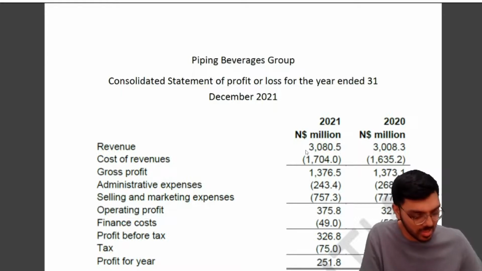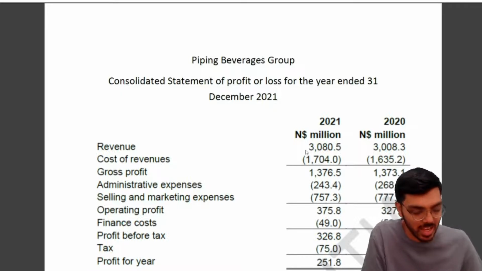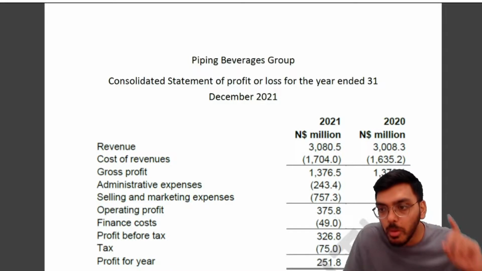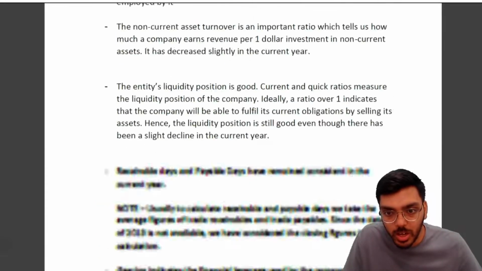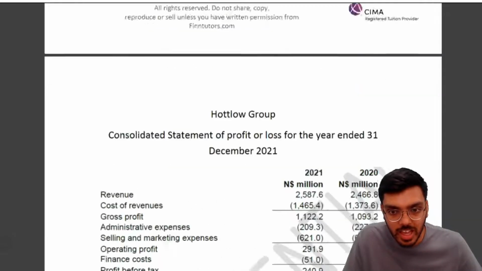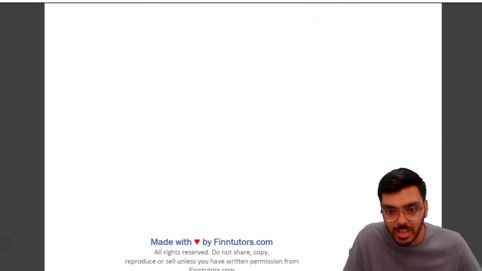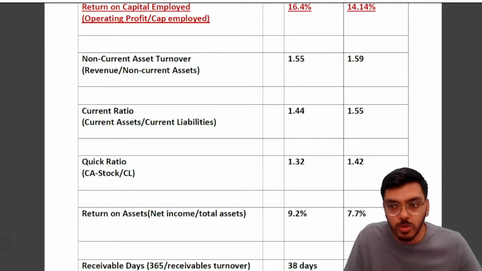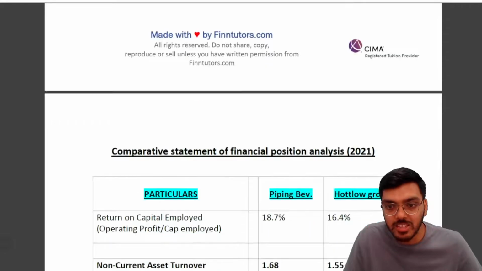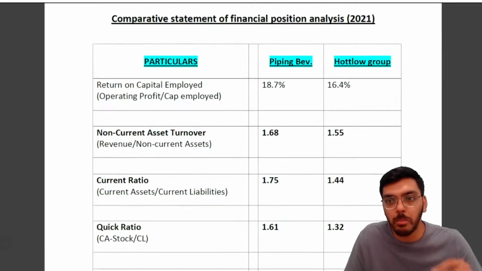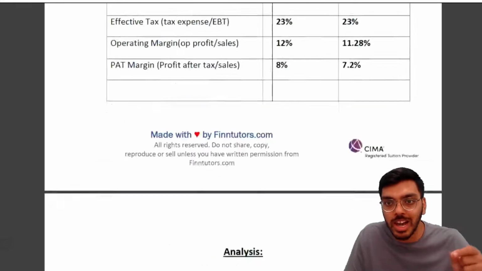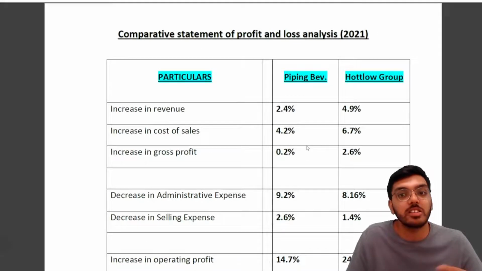Our company is a little bit of a bigger company than theirs in terms of revenue, but when I look at the comparative figures like we have on screen right now, you will see that Hotlo has grown at a larger percentage than us.